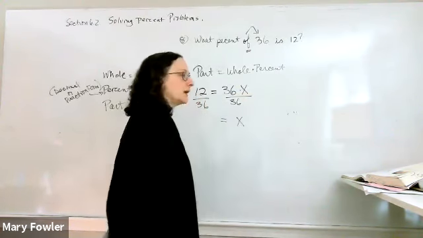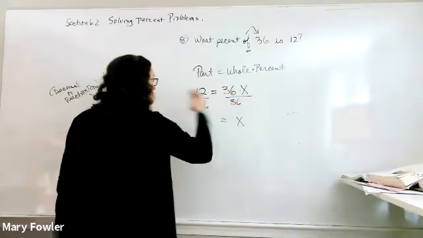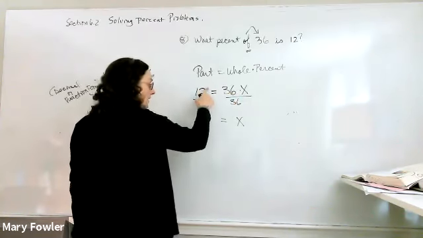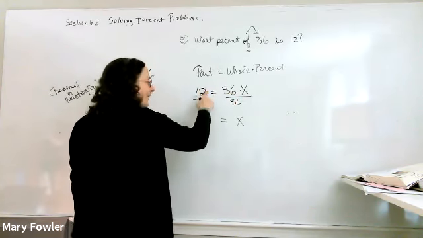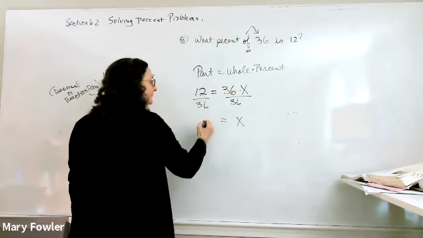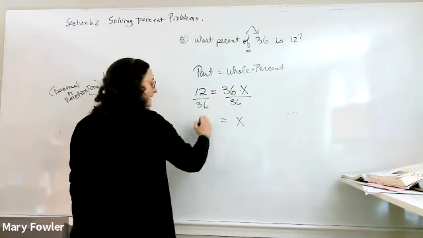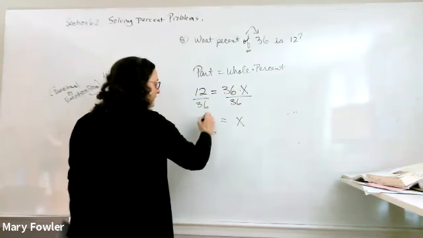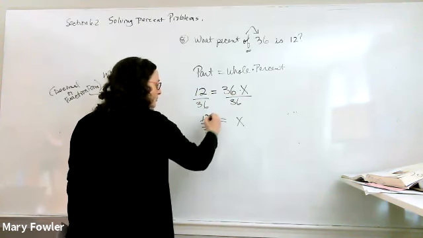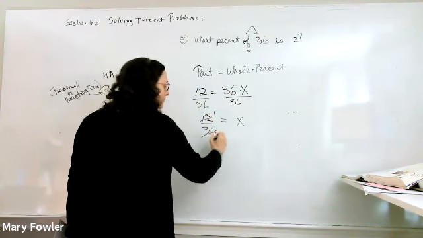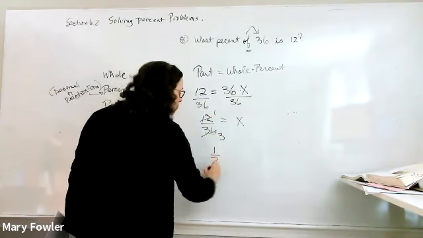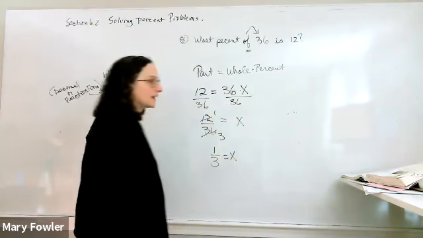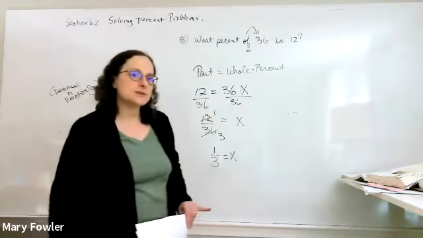And we get X on the right-hand side, the 36's cancel. And then on this side, 12 over 36. And we can simplify that because 12 goes into 12 one time and 12 goes into 36 3 times. So 1/3 equals X.